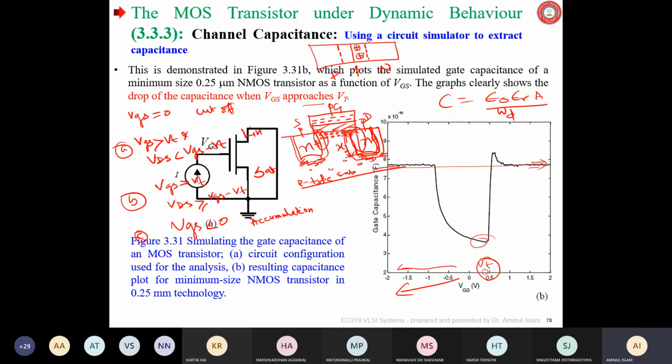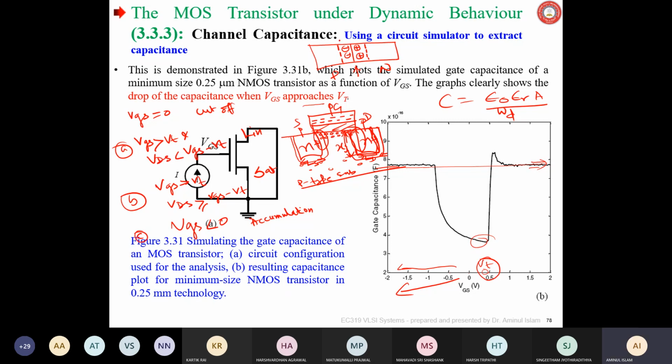Ions. Okay, immobile ions. Electrons from this side have gone to the left side, P side, leaving behind positive ions, and holes from the left side have gone to the right side, leaving behind the negative ions. These ions have no mobile carriers, so it can be thought of as insulating or non-conducting.